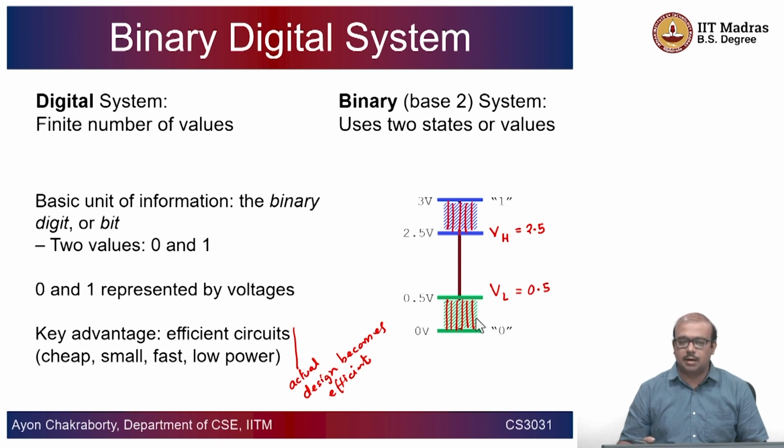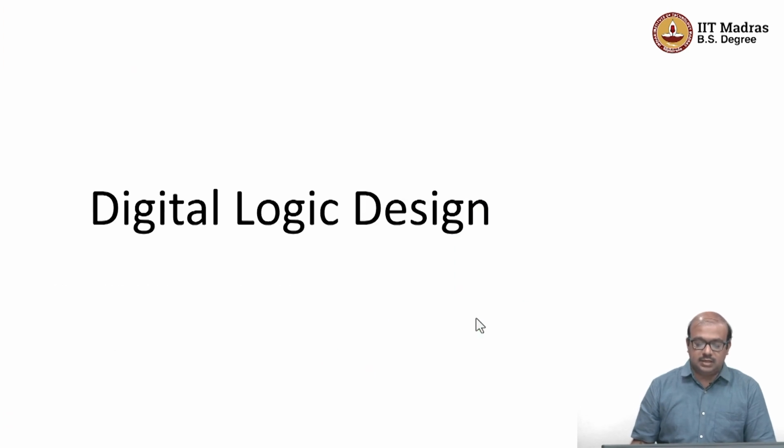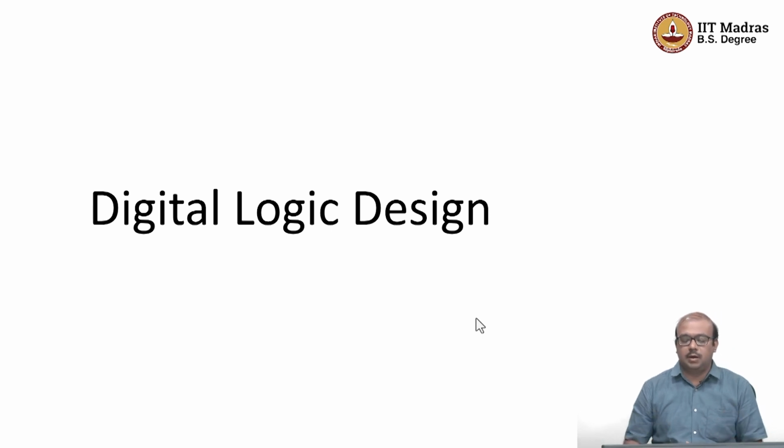We looked at some examples, not from a theoretical point of view, but using some empirical evidence. We just tried to convince ourselves why using analog voltage values for representing information could be a problem, and why you use a digital system, in particular a binary digital system, to represent information digitally.